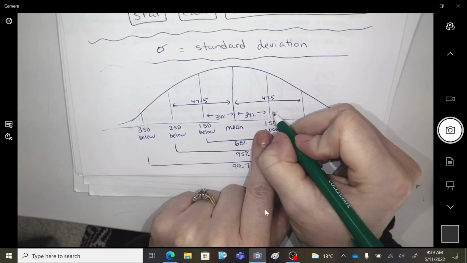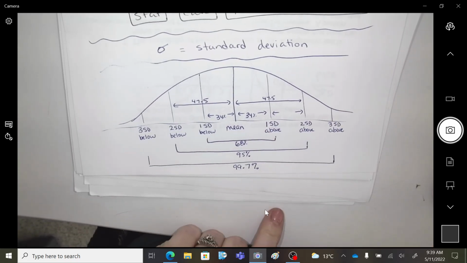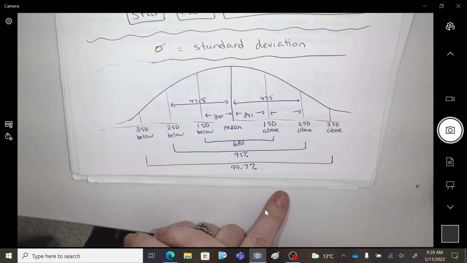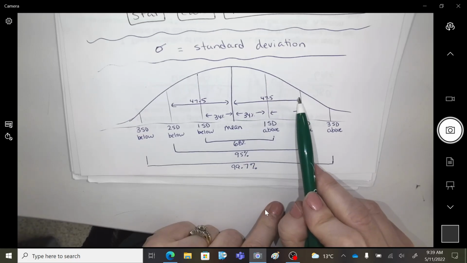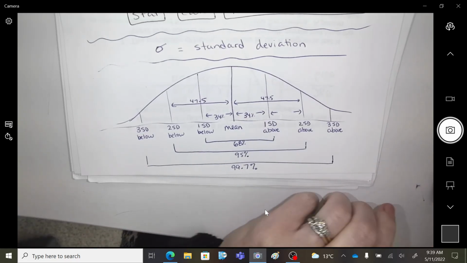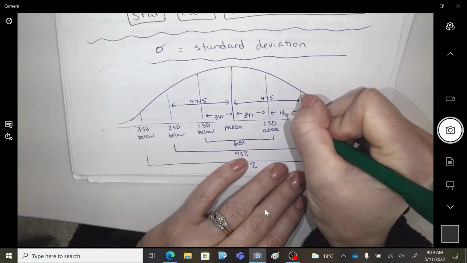And then what's this little chunk then? How would I get that? I'd have to do that minus that. Does that make sense to you? So 13.5.